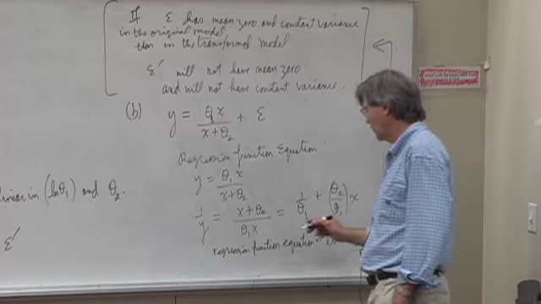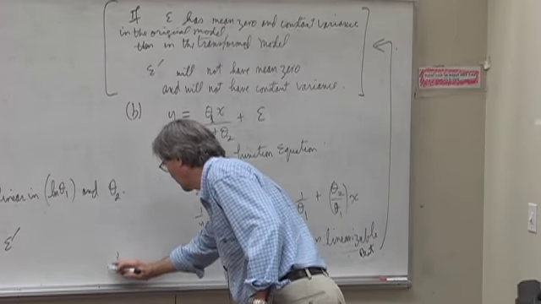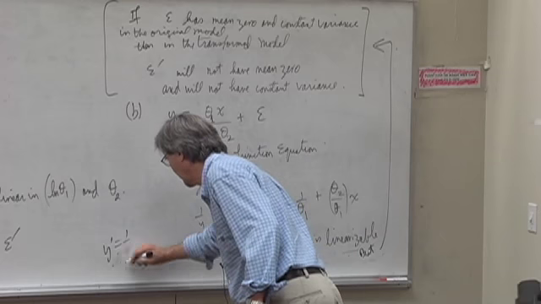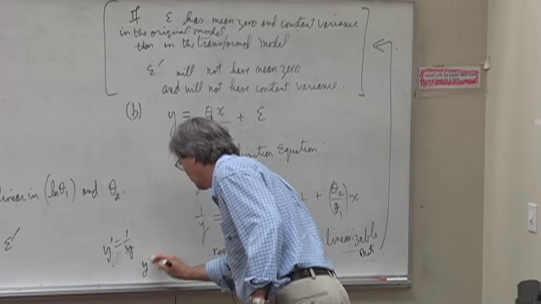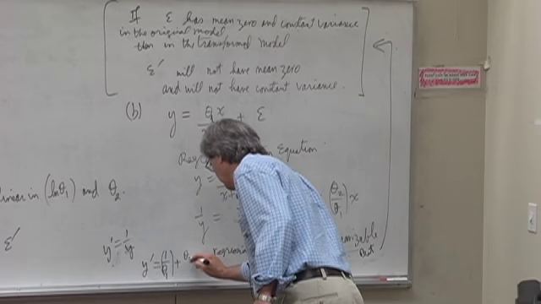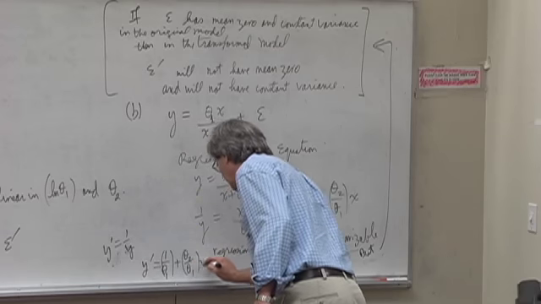What's epsilon prime? Well, epsilon prime will be introduced by y prime. I'll put y prime equals 1 over y, and I'll get the transformed model as y prime equals 1 over theta 1 plus theta 2 over theta 1 x plus epsilon prime.